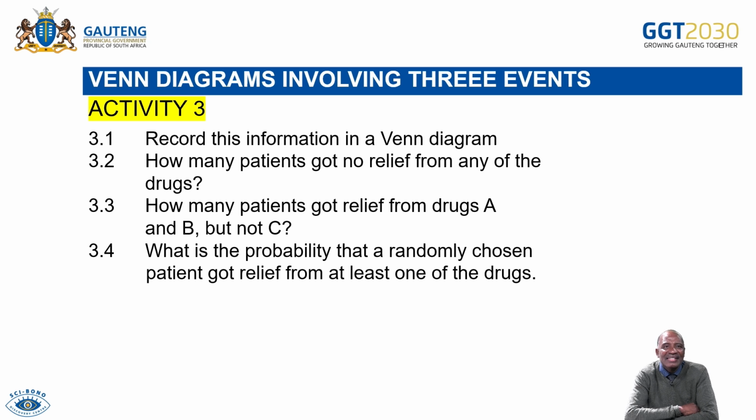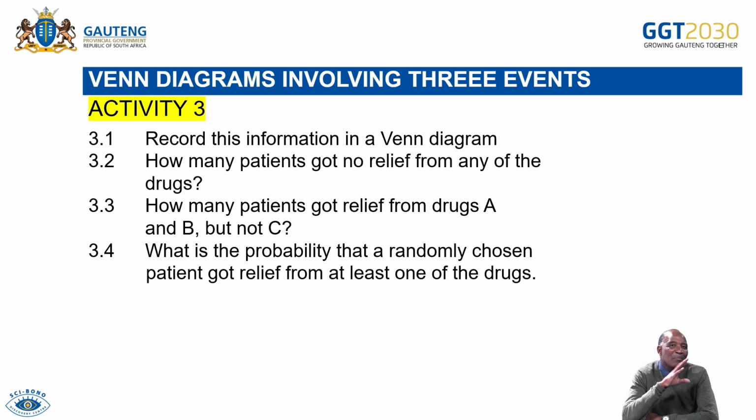The first question says, record this information in a Venn diagram. How many patients got no relief from any of the drugs? How many patients got relief from drug A and B, but not C?